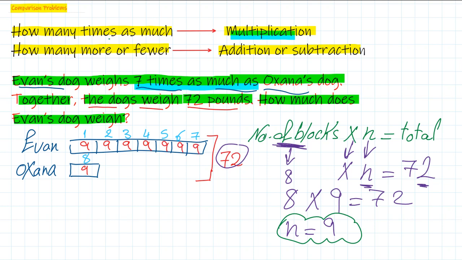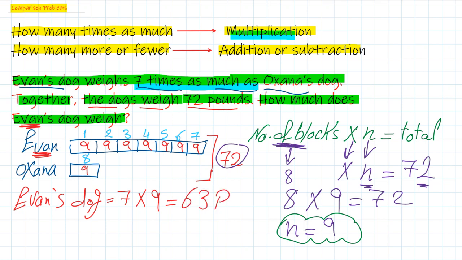So he's asking here about how much Ivan's dog weighs. How many 9s are in Ivan's blocks here? We have 7 9s. So to get the weight of Ivan's dog, you multiply 7 by 9, because 9 is repeated 7 times. 7 multiplied by 9 equals 63 pounds.